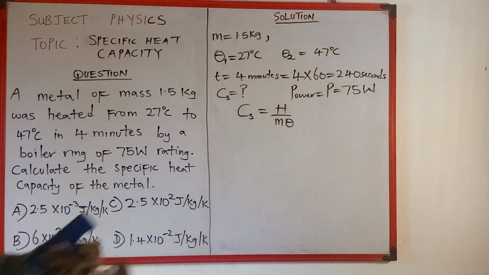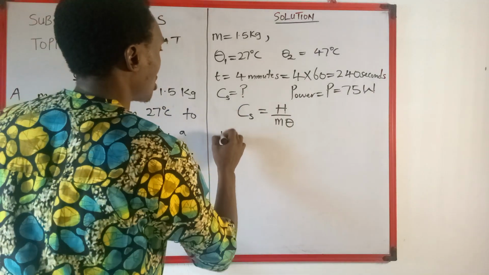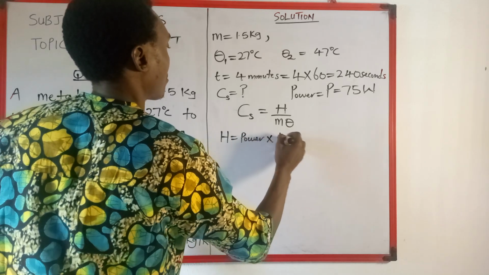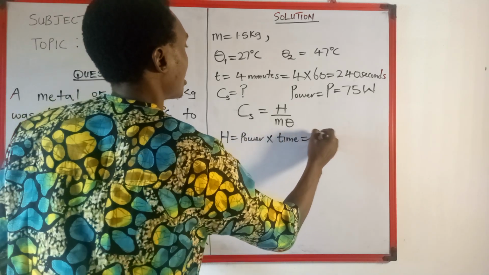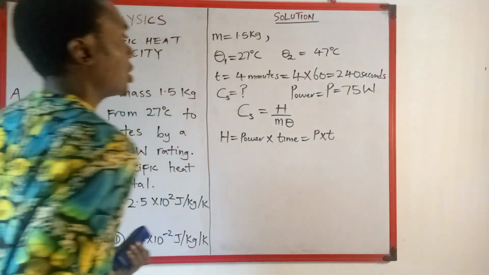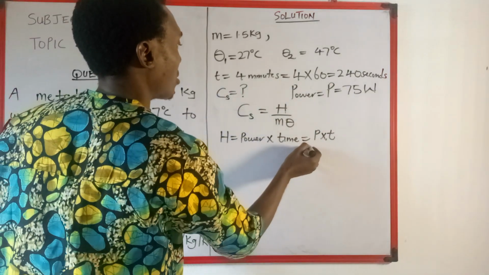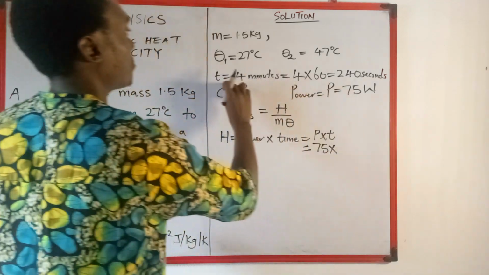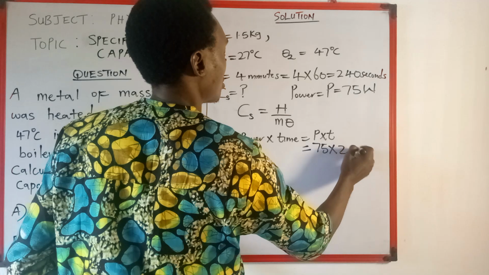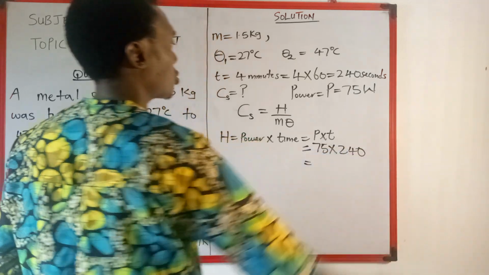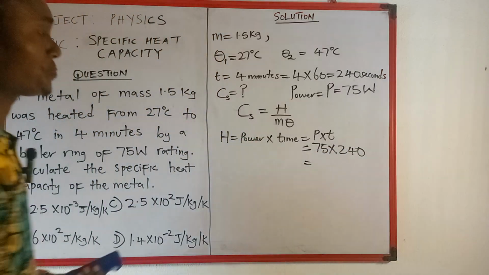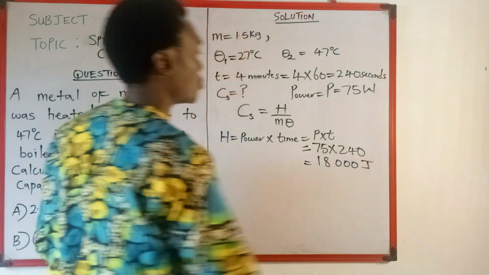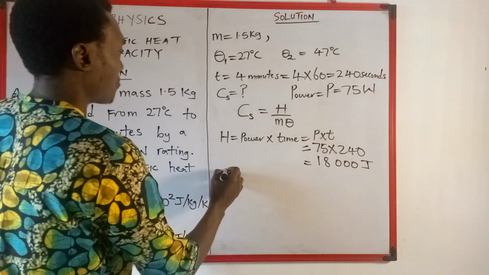Without wasting time, we know H here is normally power times time, which is P times T. Since we know P is 75, what's our time? Our time is 240. So get your calculator ready. Once you multiply, what you're supposed to have is 18,000 joules.